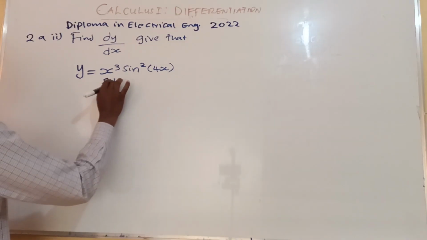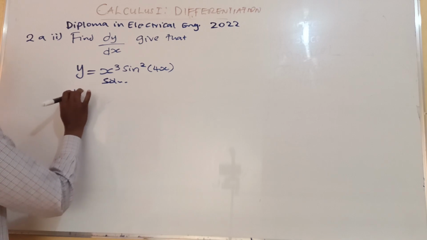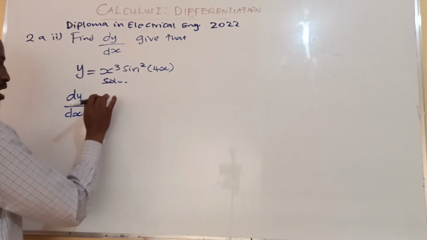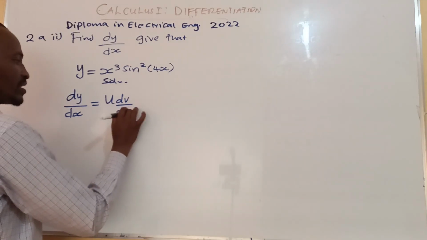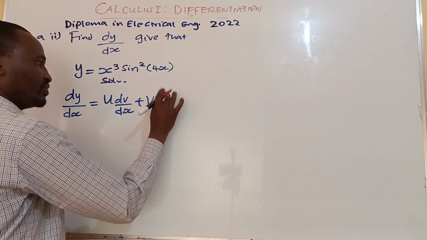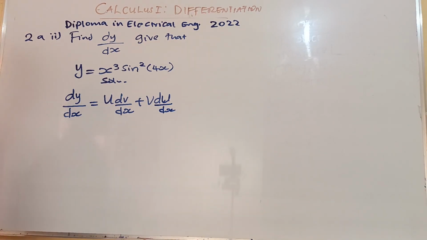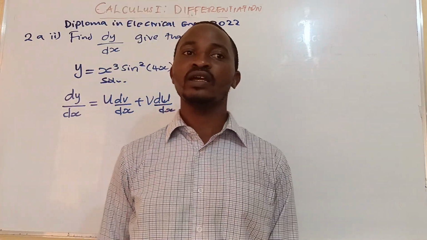Now, recall the formula. If you are given y and you are told to get the derivative of y with respect to x, this will be equal to u times the derivative of v with respect to x plus v times the derivative of u with respect to x. We can take either of our two functions to be our u.